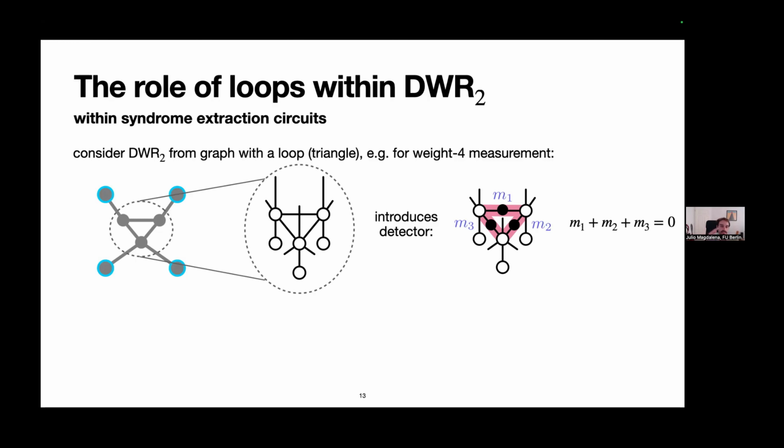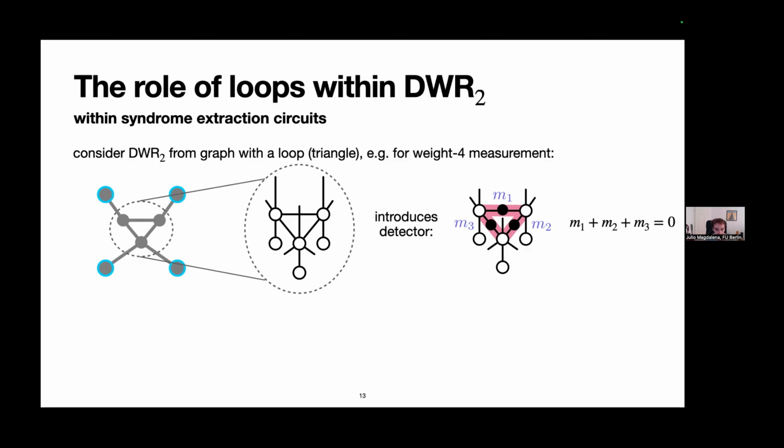And this generalizes to bigger loops. It's essentially saying if you place a graph state on a ring, then you don't have to do all the entangling operations, if you do them via measurements. The last one will be deterministic from the other ones.